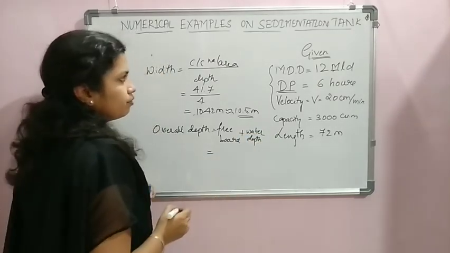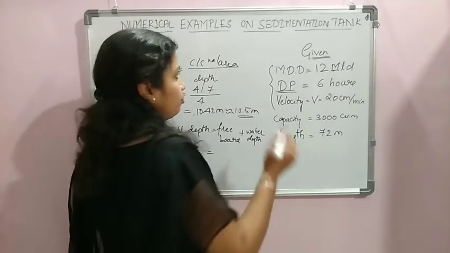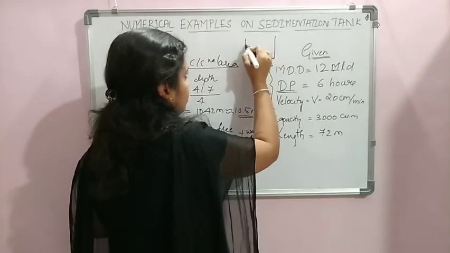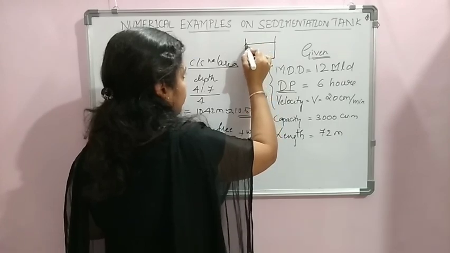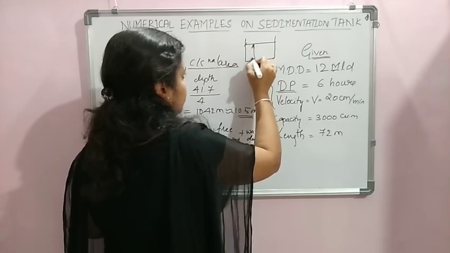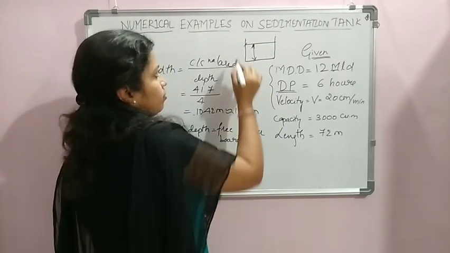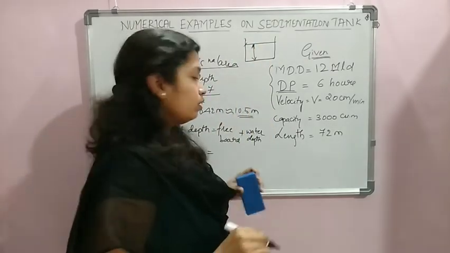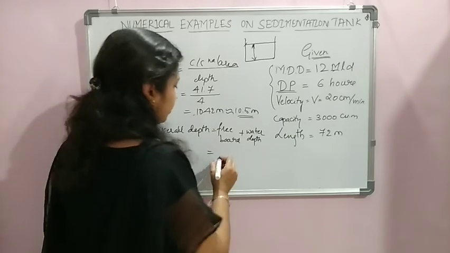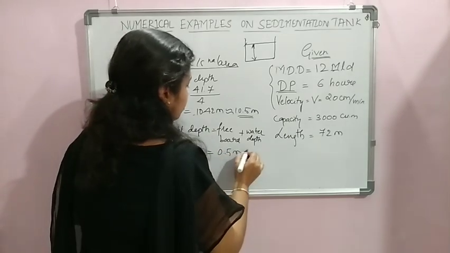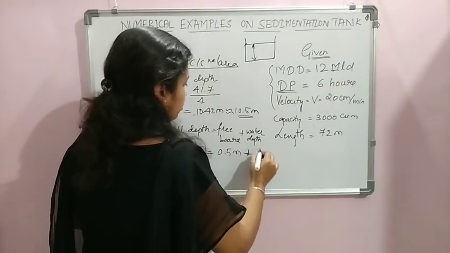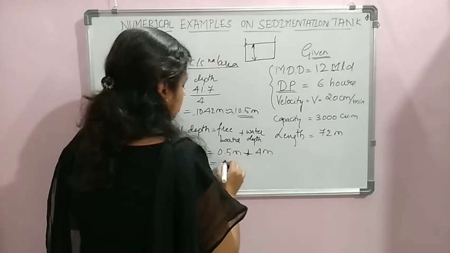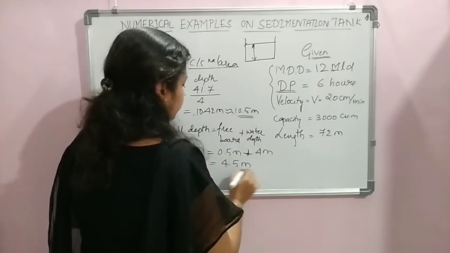We know the meaning of the freeboard, that is the extra provision we give in the tank. If this is the capacity that I require, this one I say as the water depth, some extra provision is given for the tank in order to control the overflow and all. So that is the freeboard. Let us consider it as 0.5 meter, and as already assumed, the water depth as 4 meter. So the overall depth becomes 4.5 meter.